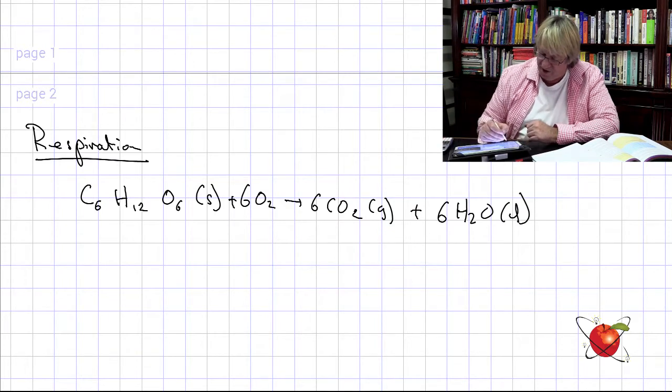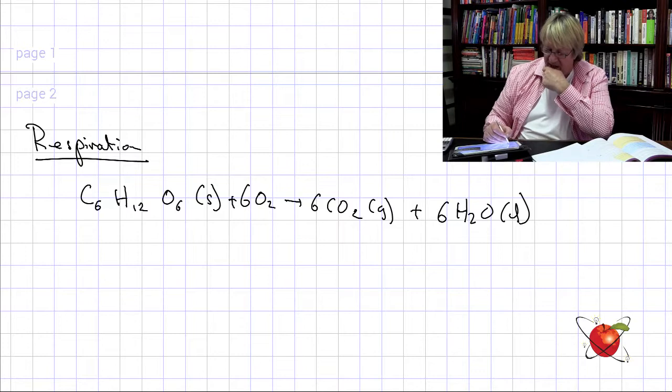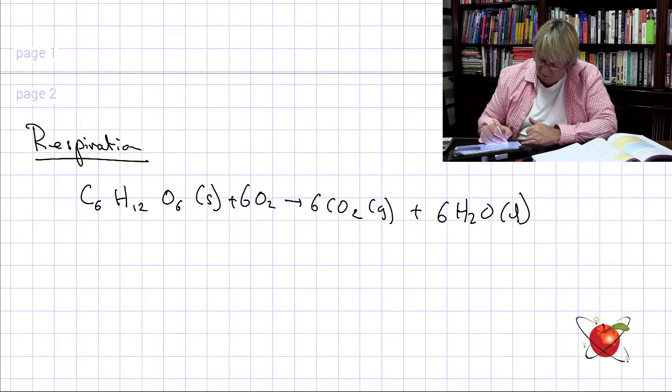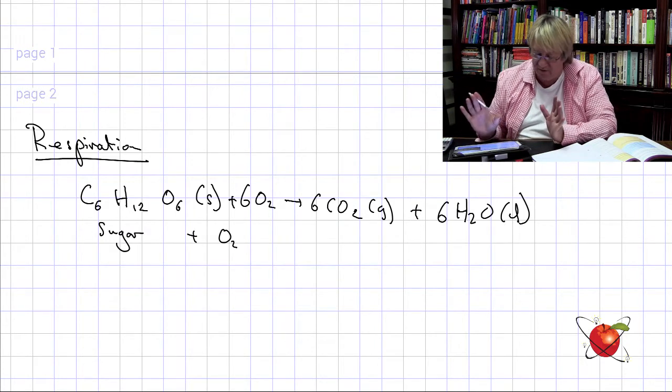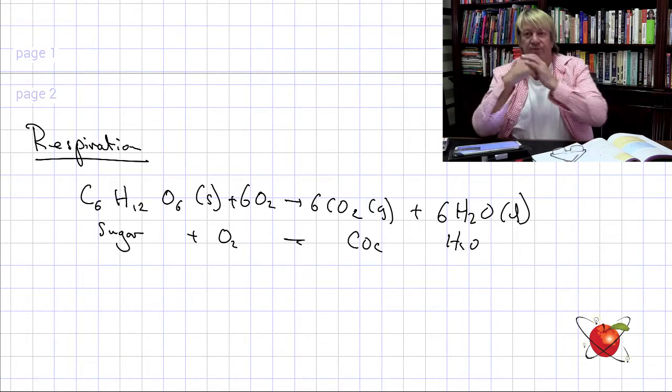All right. So what have we got on the respiration side? This is a basic sugar in its simplest form. So what we've got here is sugar plus oxygen, and I know I haven't put the 6 in there, giving us CO2 and water. What are we actually doing?